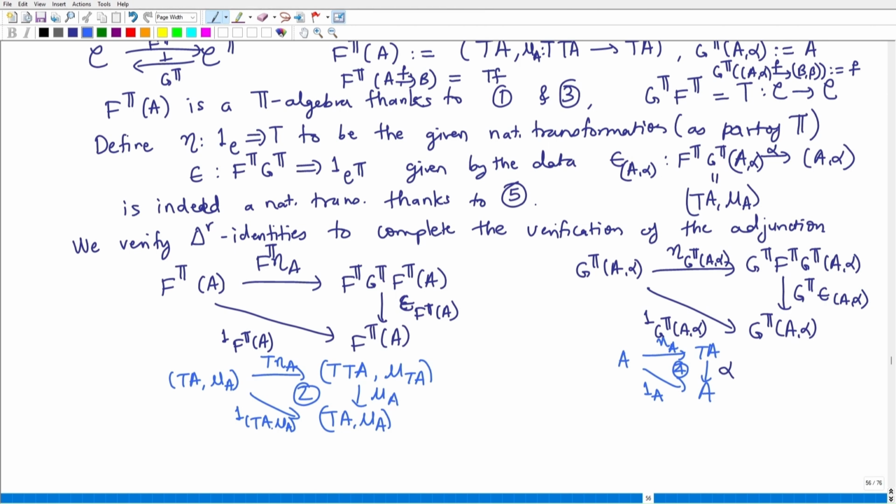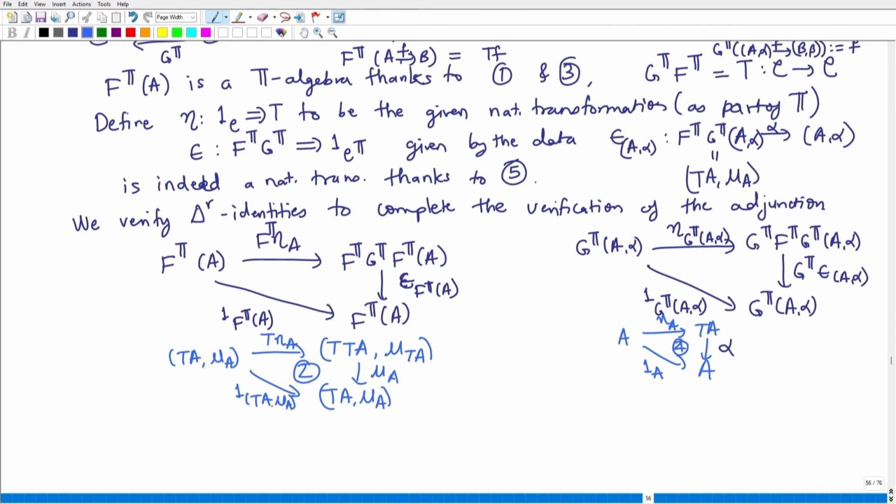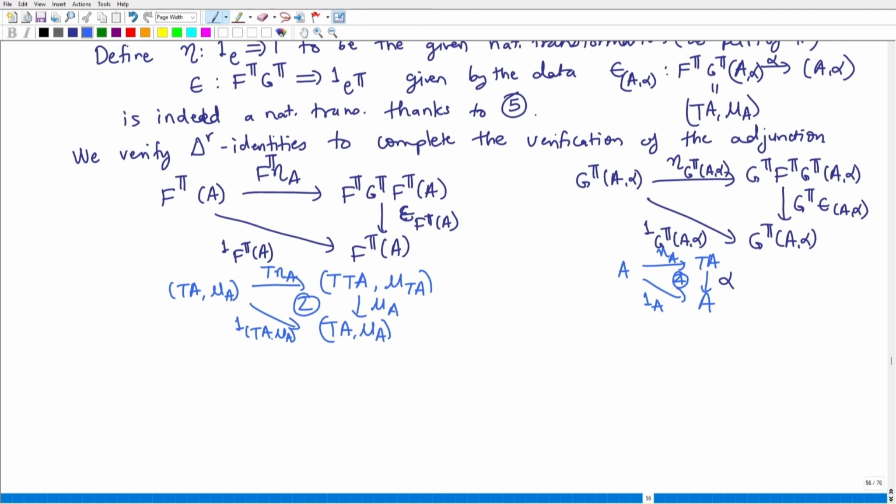Even though there are algebra morphisms, you just have to verify the underlying commutativity of maps, and that is just diagram 2. You don't have to worry about the algebra structure because it already behaves well. So you just have to remember how the underlying morphisms work in category C. So verifying this diagram is nothing but verifying some diagram in category C itself, and that is precisely 2.